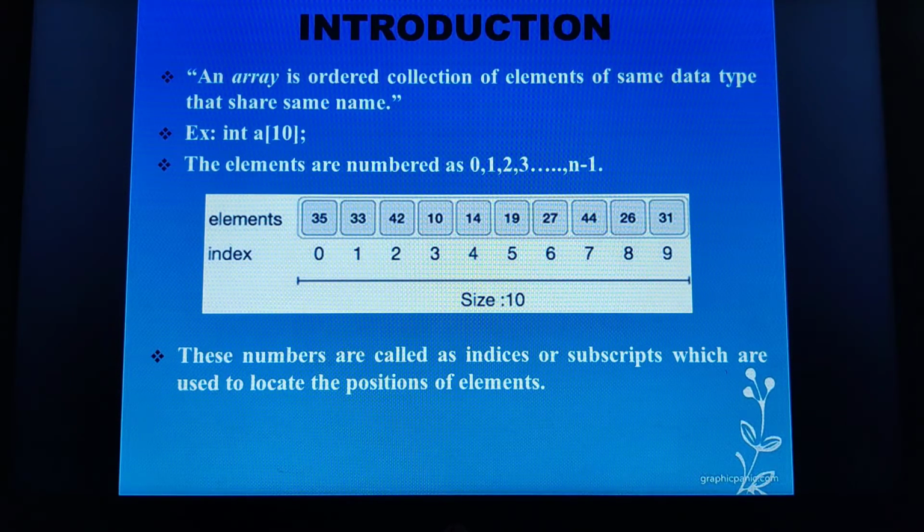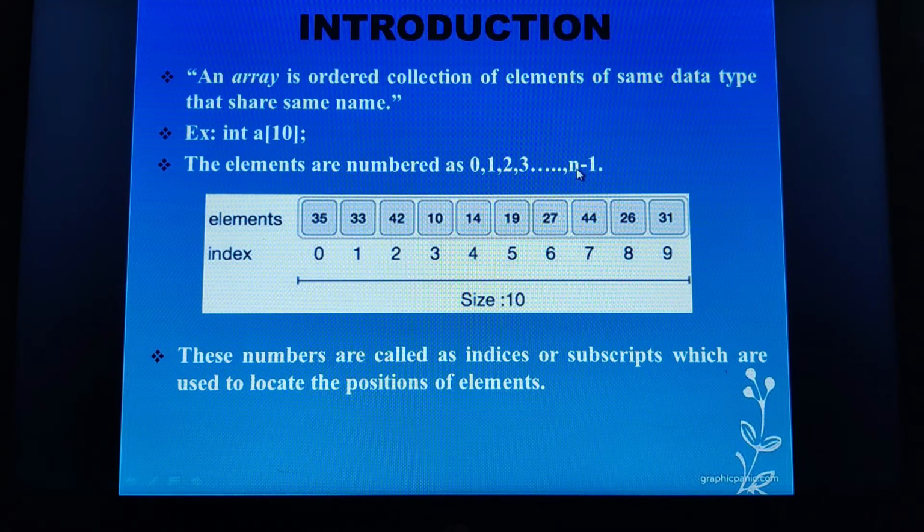But the array always starts with the number 0. So it goes 0, 1, 2, 3, 4, 5, 6, 7, 8 and 9. I hope you are able to understand. So these elements are numbered from 0 to n minus 1.